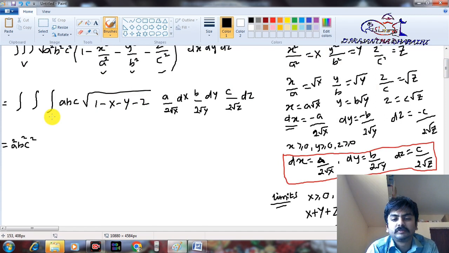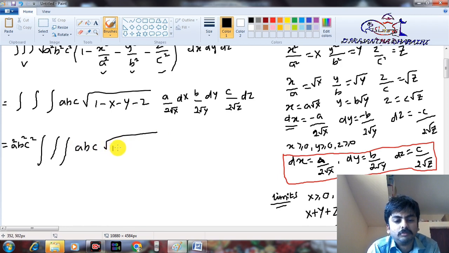The first thing is the triple integral of abc of root of 1 minus x minus y, sorry, 1 minus x minus y, okay, root.